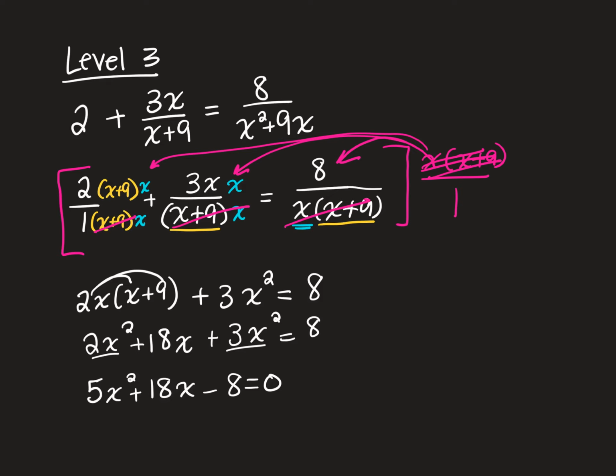So looking at that, the only thing that would make me get a 0 in my denominators would be if I had a negative 9 for x, because then that would make this negative 9 plus 9, which is 0. And then this would be 81 minus 81, which is also 0. So we don't want to use negative 9. So if I finish solving this and I get negative 9 as my solution, then I know that's not a proper solution. I throw that one out. I don't put that into Delta Math as a solution.